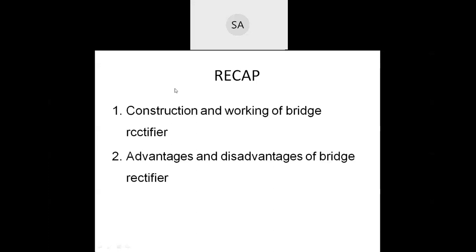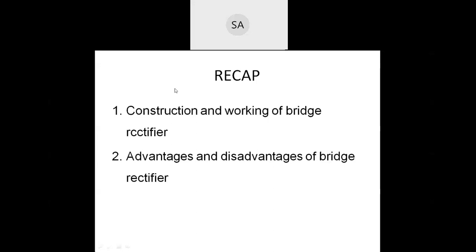Compared to the parameters discussed in the last three lectures, that is half wave, center tapped full wave, and bridge rectifiers, only the peak inverse voltage changes compared to the center tapped full wave rectifier. It is half of the center tapped full wave rectifier, that is, peak inverse voltage is Vm.